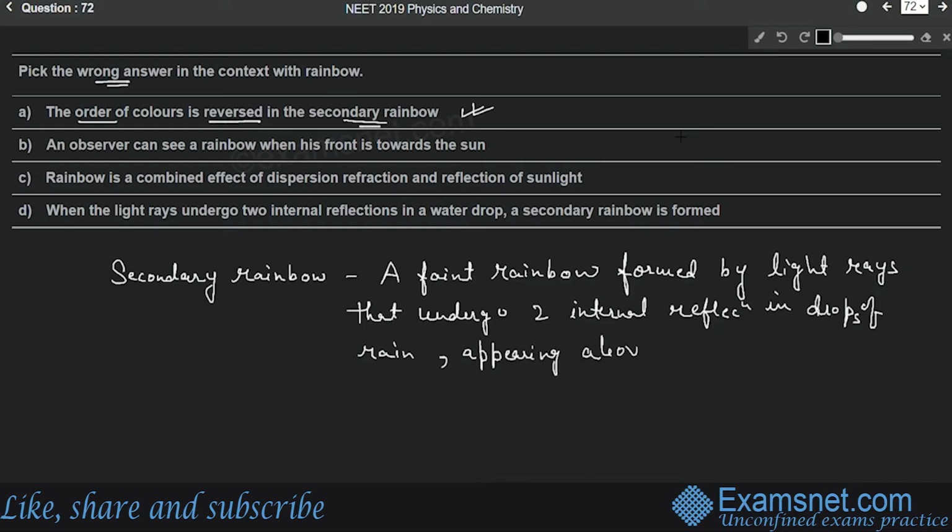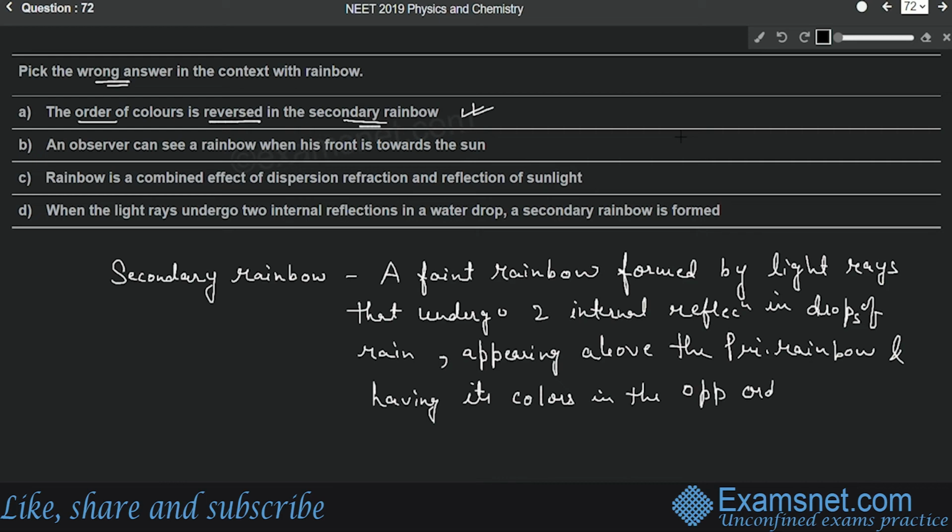Okay, so secondary rainbow always appears above the primary rainbow, and having its colors in the opposite order.